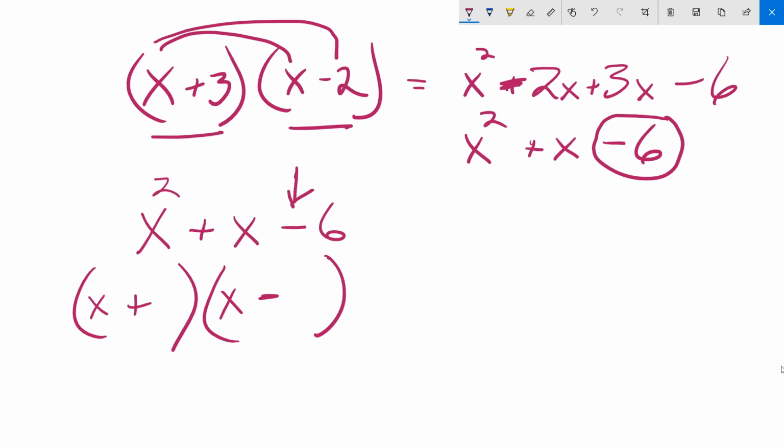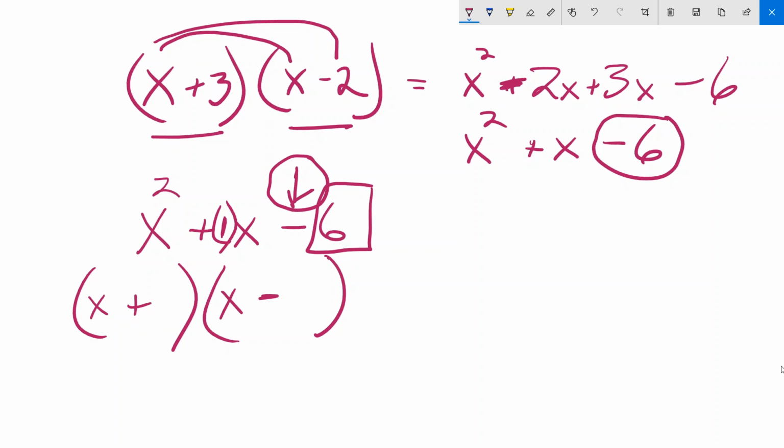Now, the third step is to find factors of that number that do what? Subtract, because of that minus sign. And we're talking about the coefficient of the middle term. Well, the coefficient of that middle term is 1.